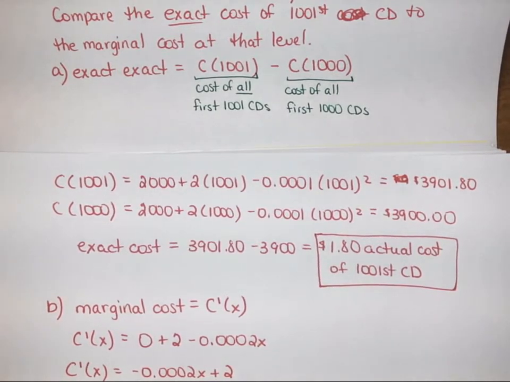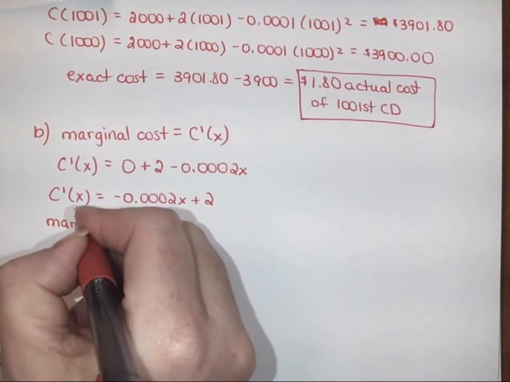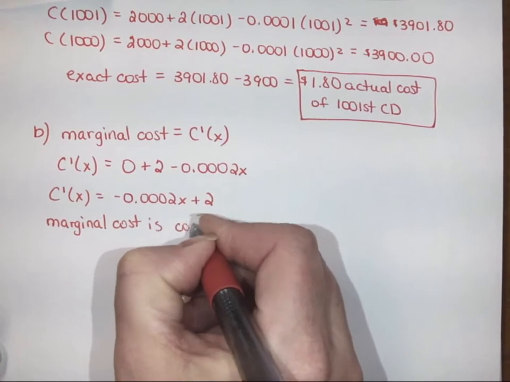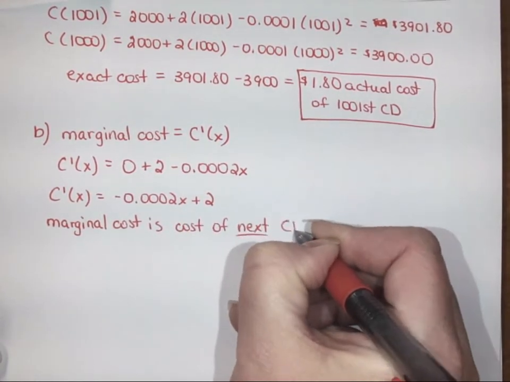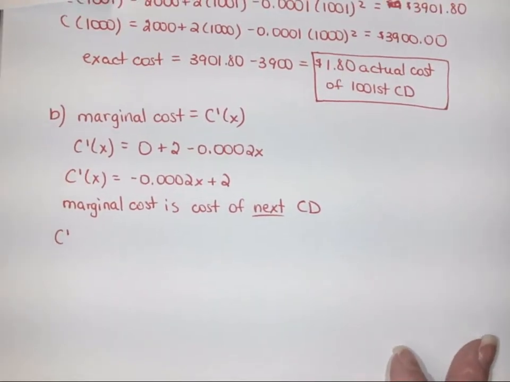Okay, so now let's figure out what number we need to plug in. So marginal cost is the cost of the next item. The number you plug into the derivative formula is actually representative of how many items have been made to this point.